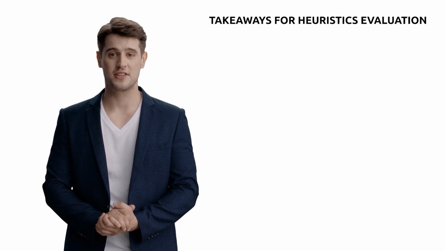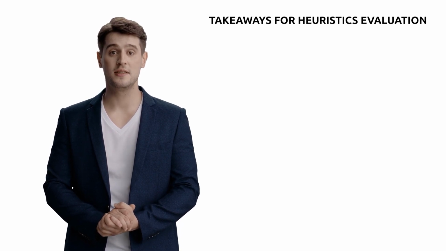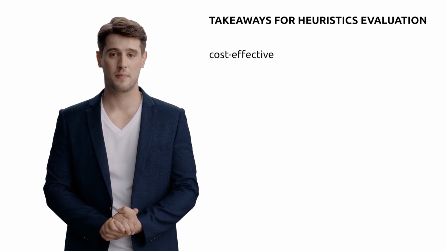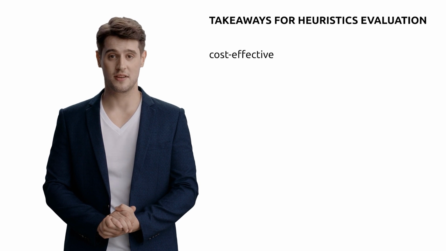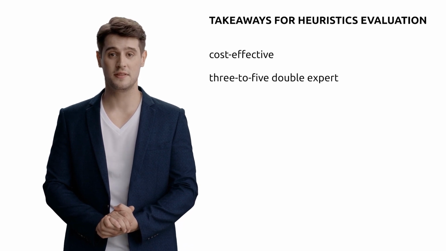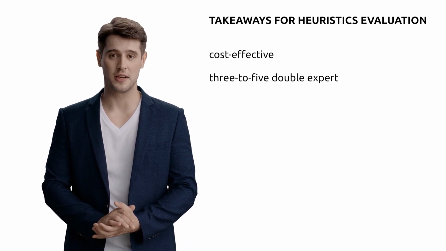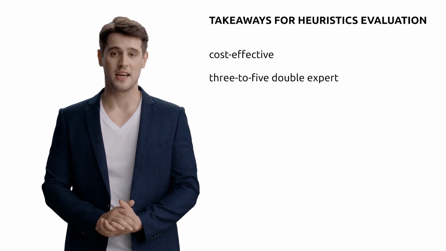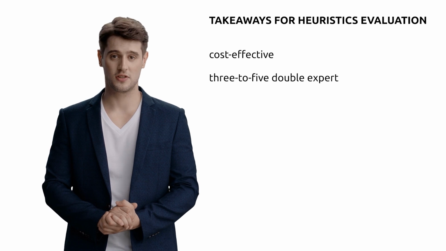Here are some takeaways suggested by Paavilainen and colleagues. Heuristic evaluation is a cost-effective and flexible tool for identifying playability problems, making it suitable for the agile and iterative development process. Three to five double experts, meaning experts in usability as well as the subject domain, are recommended as inspectors, but novice inspectors can also be used in greater numbers.